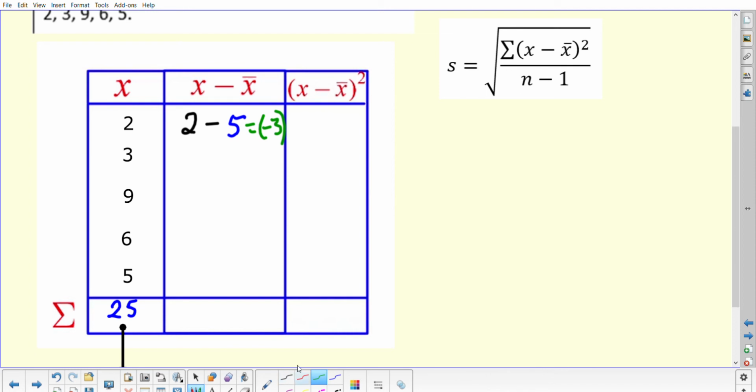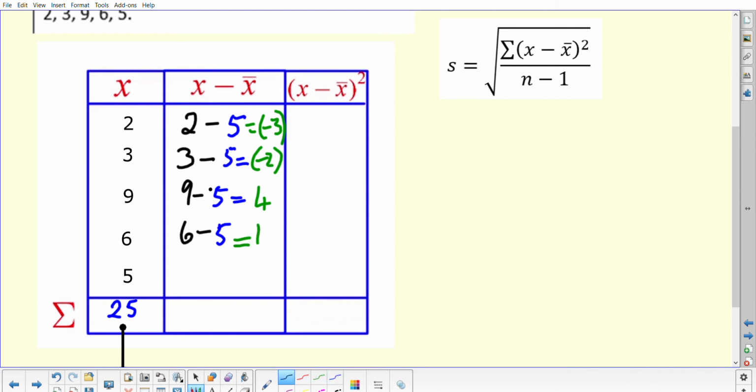Then the 3, also taking away the mean value of 5, gives me -2. Then 9, take away the 5, gives me +4. Then 6, take away the mean value, which is 5, gives me the value of 1.